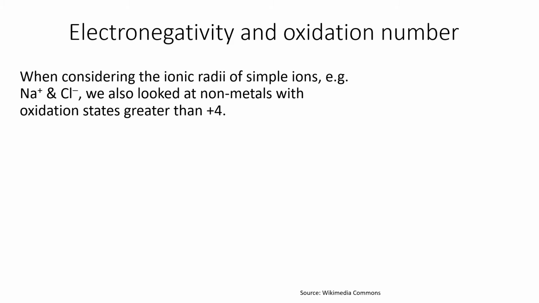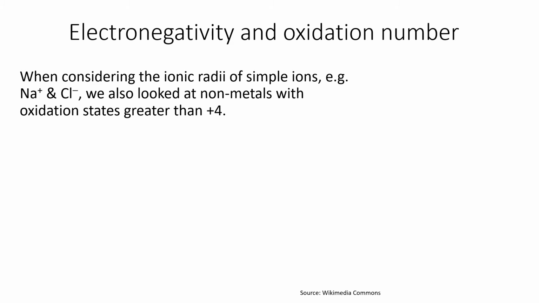But remember when we looked at that diagram, we also saw there were some very large ionic radii quoted for non-metals. Normally we think of non-metals as forming a negative ion, for example sulfur going to sulfide, S2-. But in fact, these non-metals can also adopt, as we saw before, some very highly positive oxidation numbers. And as we see, electronegativity is going to have some slight connection to this.